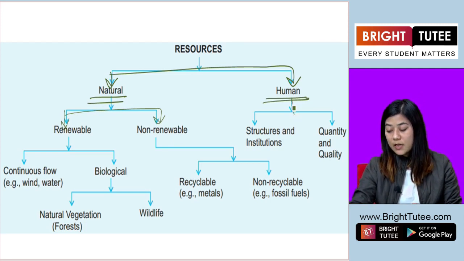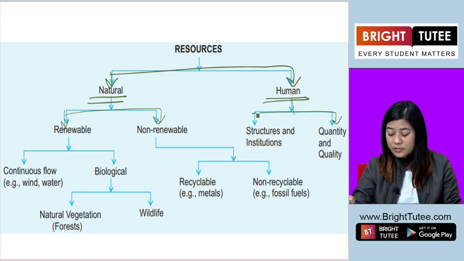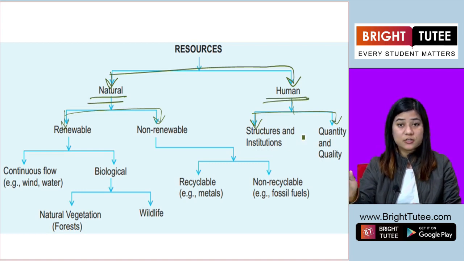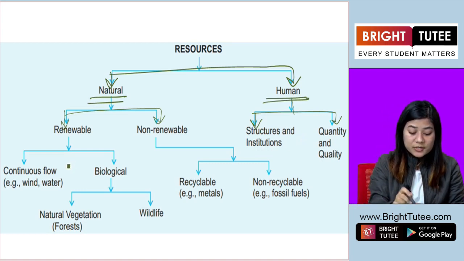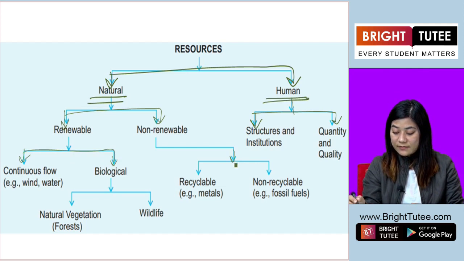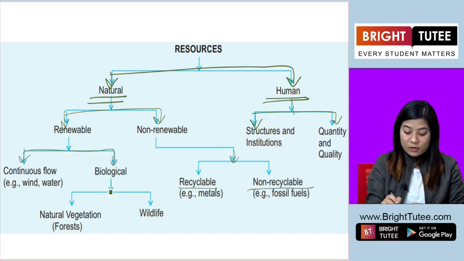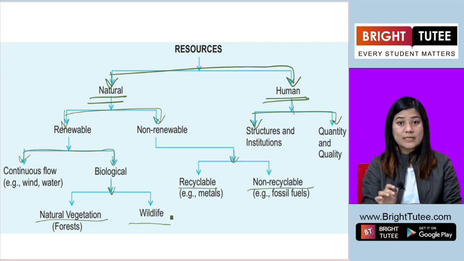The human or man-made resource is divided into quality and quantity resources, and another is structures and institutions resources. The renewable is divided into continuous flow and biological. Non-renewable is divided into recyclable and non-recyclable. The biological is finally divided into natural vegetation and wildlife.